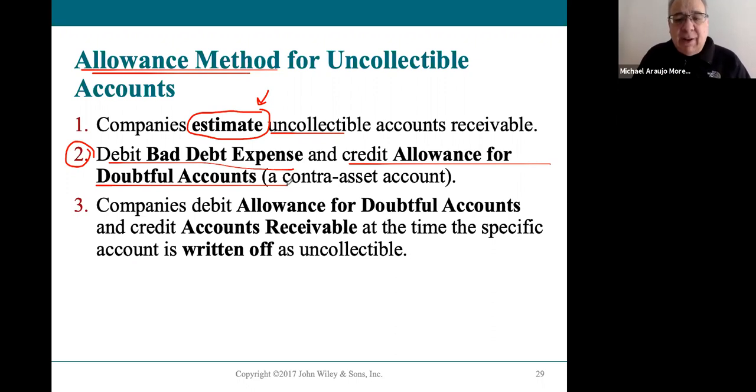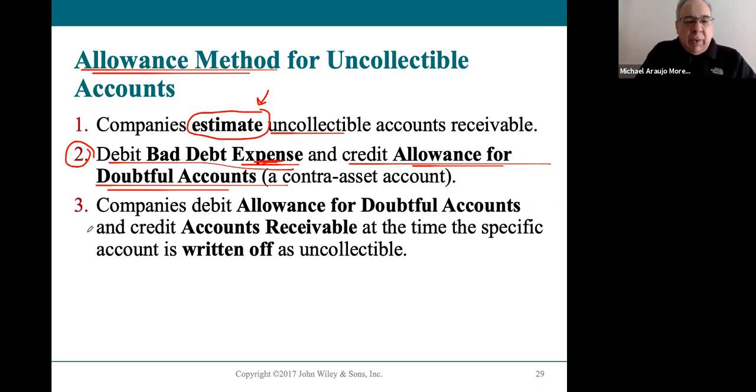The allowance for doubtful accounts is to accounts receivable what the accumulated depreciation account is to, say, equipment. It's a contra asset that shows up as sort of a piggyback account right on top of that. So this allowance for doubtful accounts has all the money that the company has expensed in it.